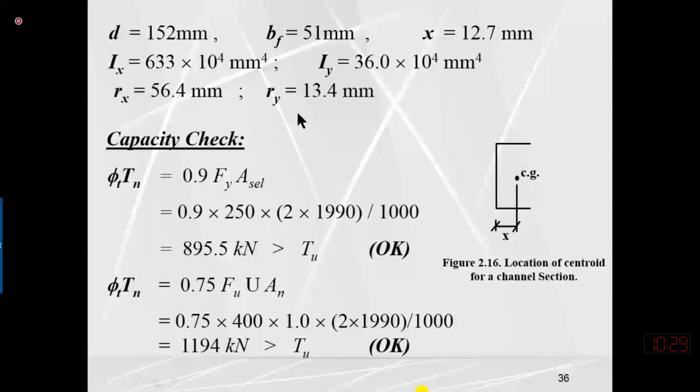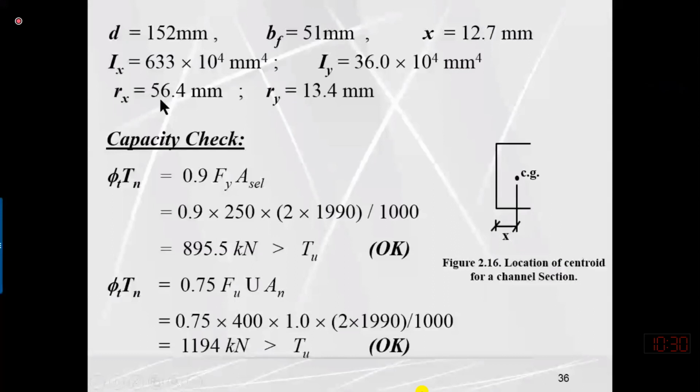But here, this Rx and Ry are for a single member. For a built-up section, we have to compute Rx and Ry ourselves. I already explained that Rx of the built-up section is always equal to Rx of the single section. It means I already know the Rx value for the built-up section, which is 56.4.